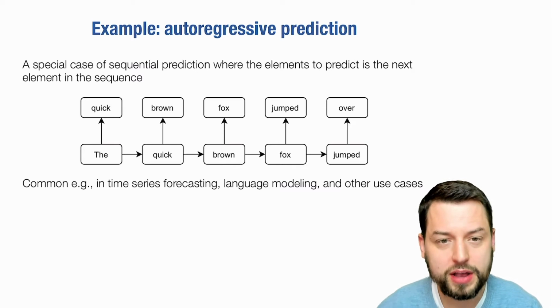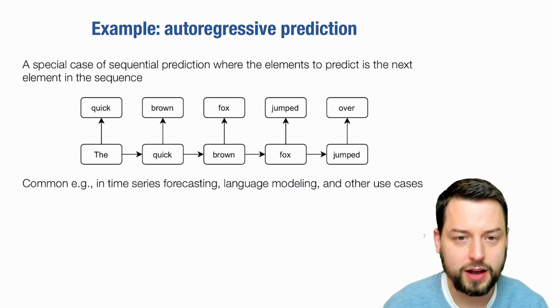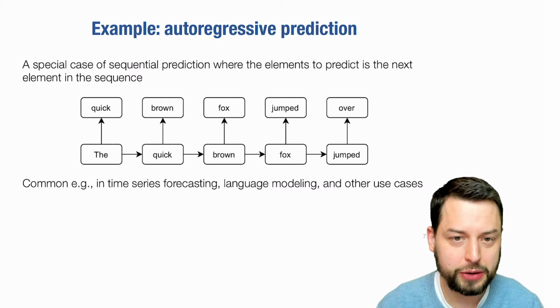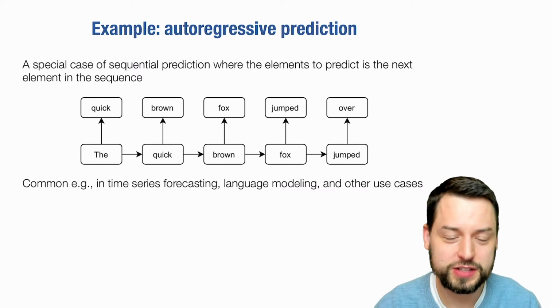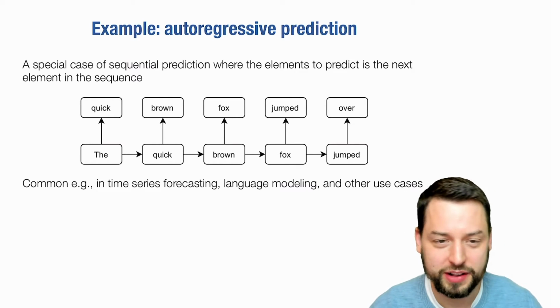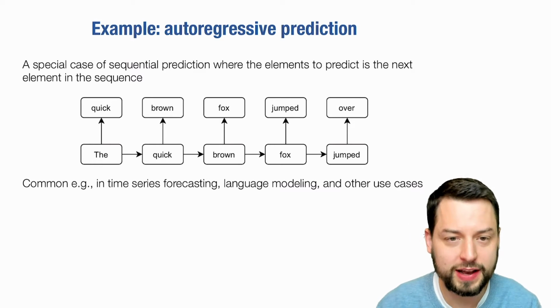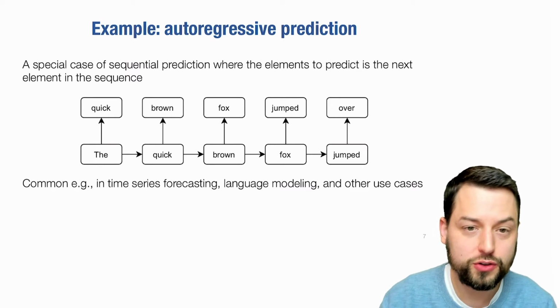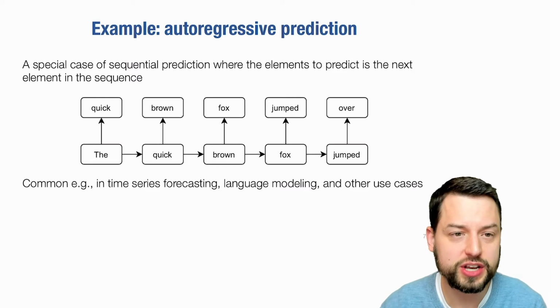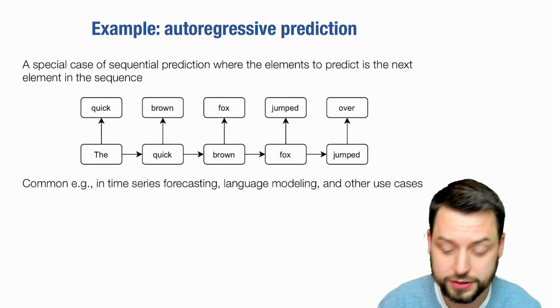So to be very clear, autoregressive prediction is not the only sequence prediction problem there is. There's lots of sequence prediction problems like the kind I've already said. But autoregressive prediction is one special case of sequence prediction that has taken on an outsized importance in recent years due to it being at the foundation of large language models.